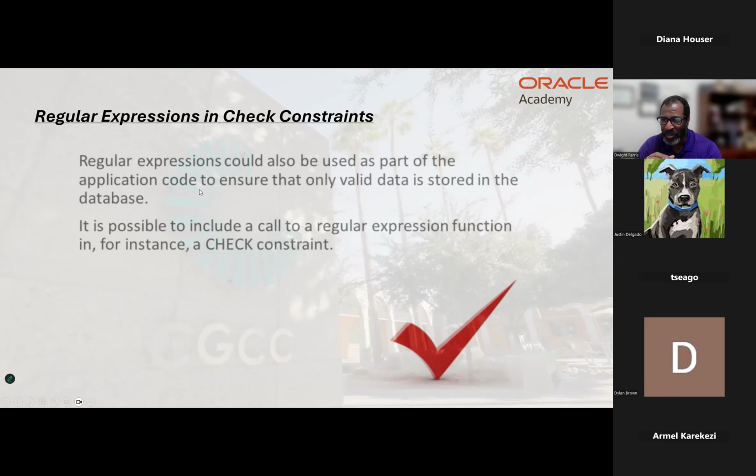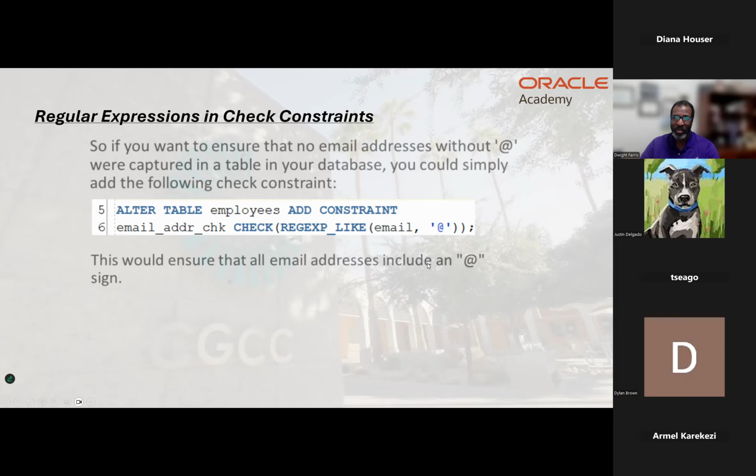This is probably the most prominent or persistent use of regular expressions, to develop it into a check constraint. I've used this many times when building a relational database for email. You want to ensure that no email addresses without an @ sign and even a dot will be captured in a table.